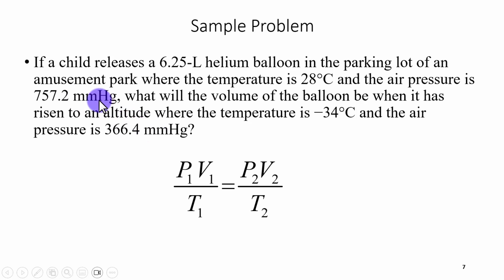Convert the pressures to atmosphere using the relationships that have been given to you in tables in a previous video. So use those to convert the pressure units to atmosphere, and then convert to Kelvin by adding 273.